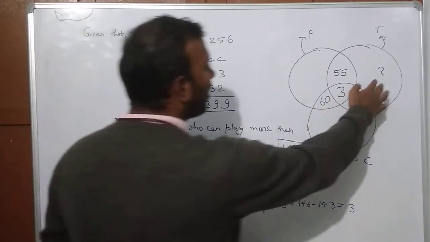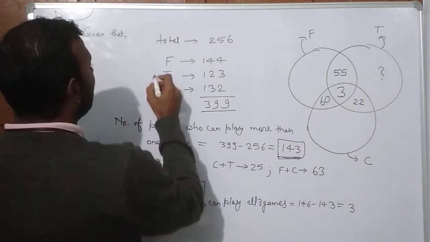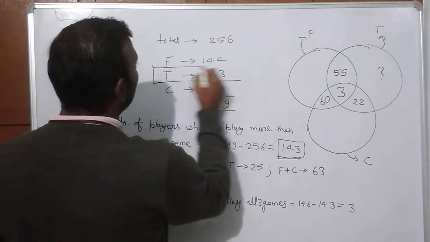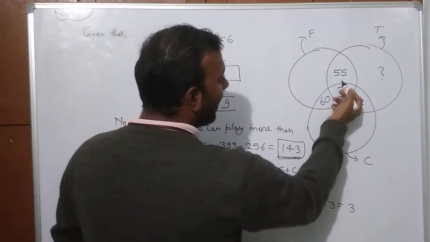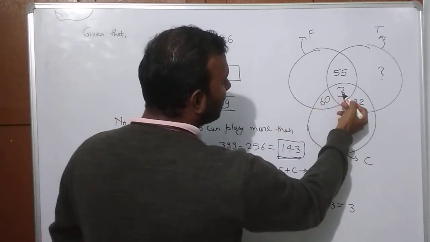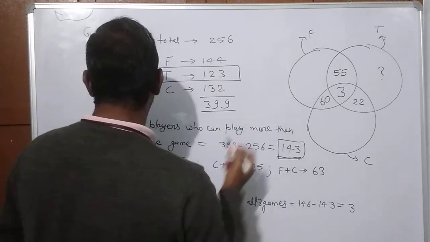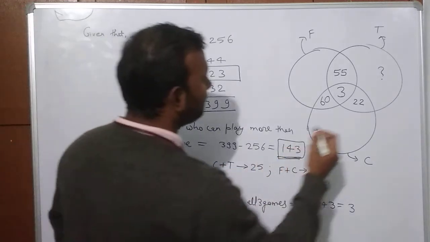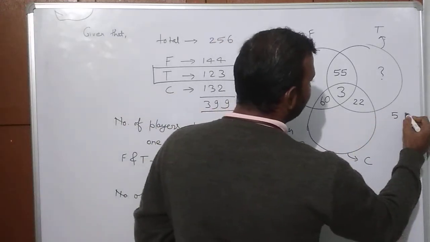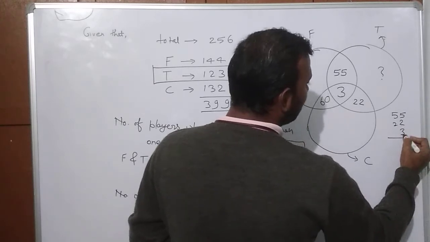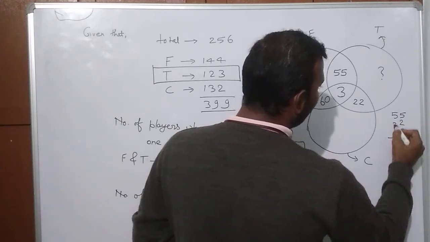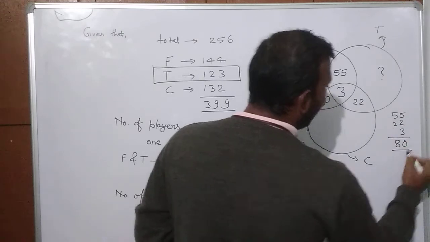Now, to answer this, we know that the number of members who can play tennis is 123. And how many do we have here? 55 plus 3 plus 22. If we add it, 55 plus 22 plus 3, what do we have? 3 to 5, 5, 10, 0, 5 to 7, 8. 80.